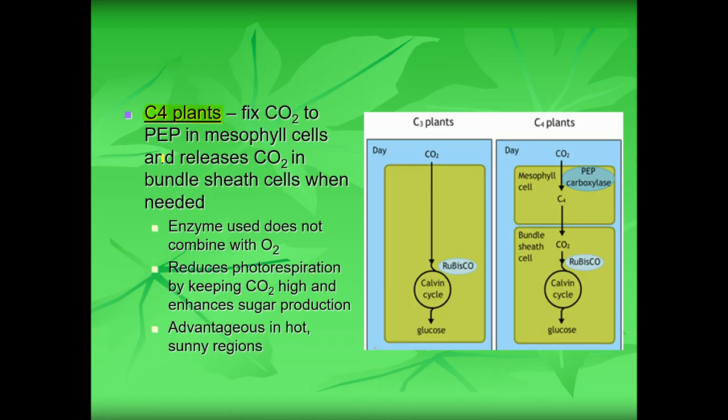Now, as an alternative to avoid photorespiration, plants that are often in hot and dry climates, what they're going to do is they're going to fix CO2 to a 4-carbon compound, and that's where you get C4 from, called PEP instead. Now, what that does is the CO2 joins up with the PEP, and then it stores these compounds in those cells in the middle of the leaf.